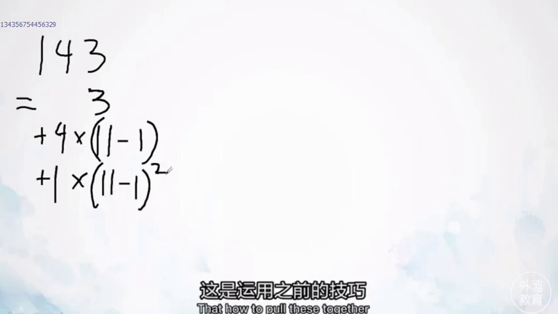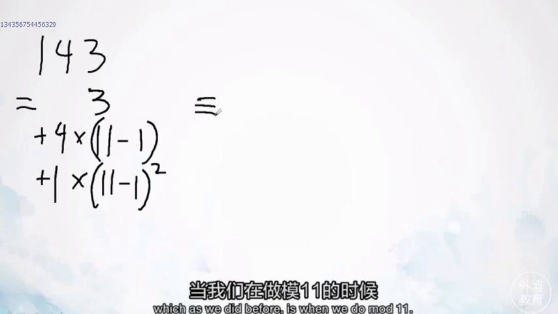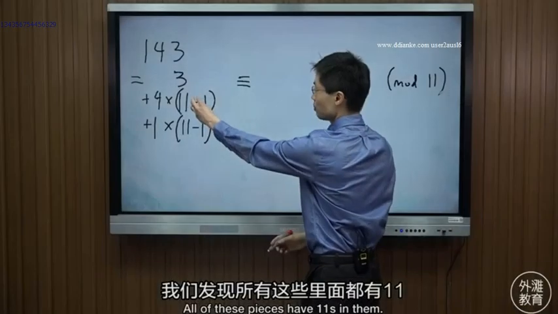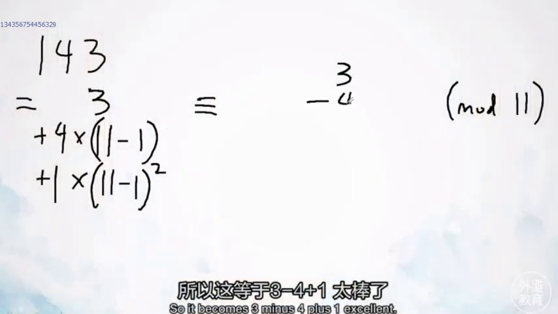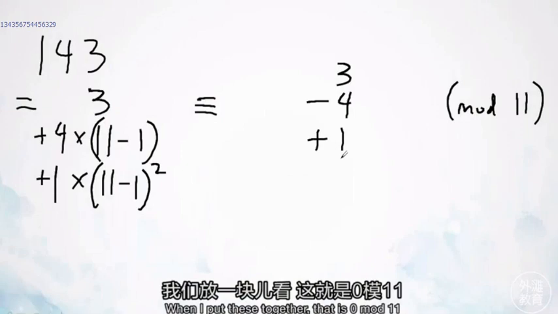That's how we pull this together, which, as we did before, is when we do mod 11, all of these pieces have 11s in them. So it becomes 3 minus 4 plus 1. Excellent. When I put these together, that is 0 mod 11.